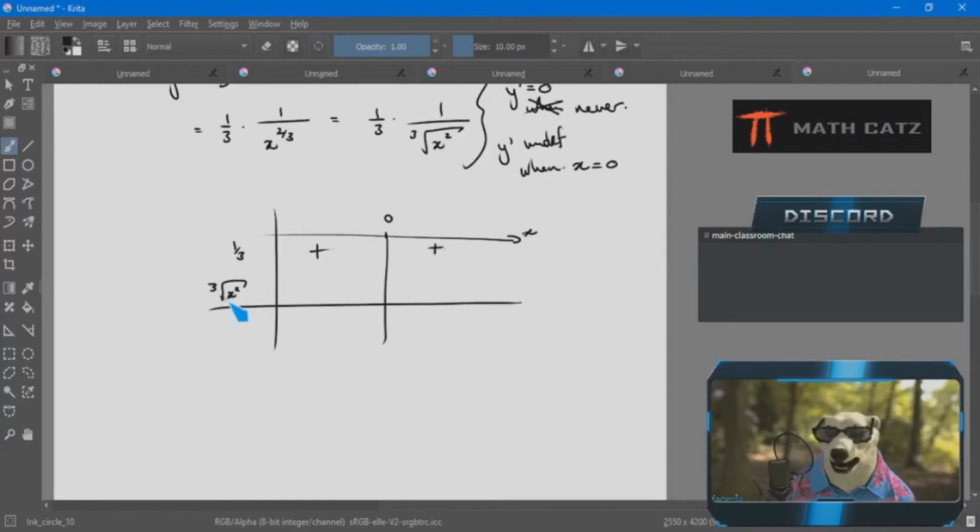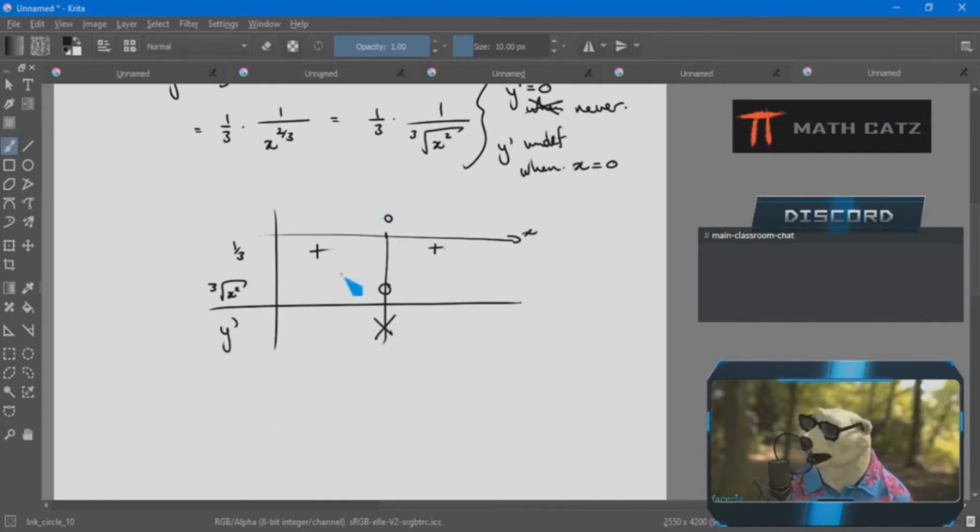This is where I really like the root version, which in this case is a cube root. It's going to be 0 when x is 0. Of course, this all combines to make the derivative. Because this piece features in the denominator, it makes the whole thing undefined, in this case the derivative.